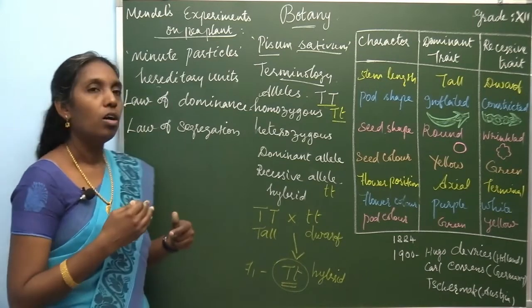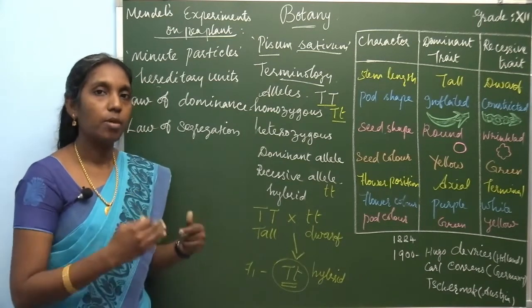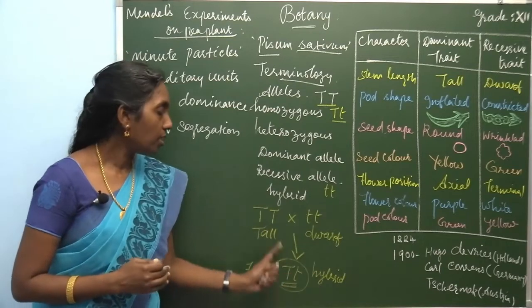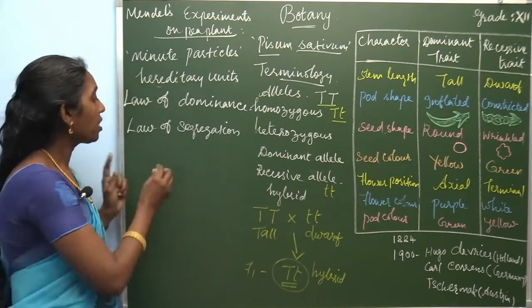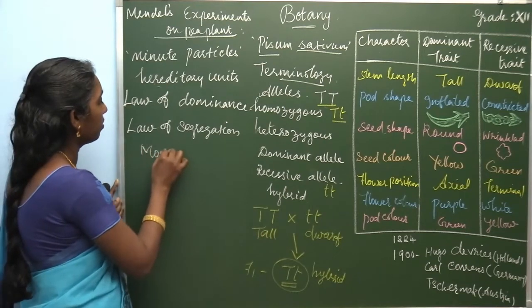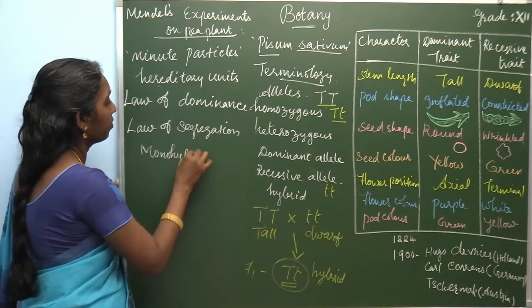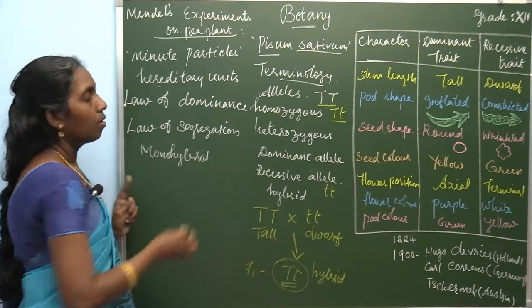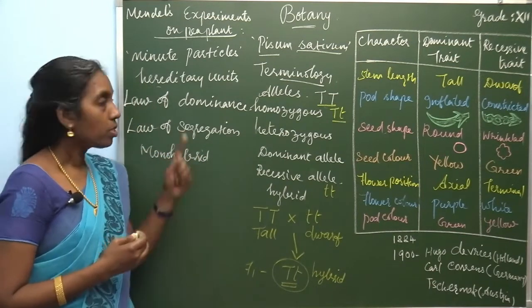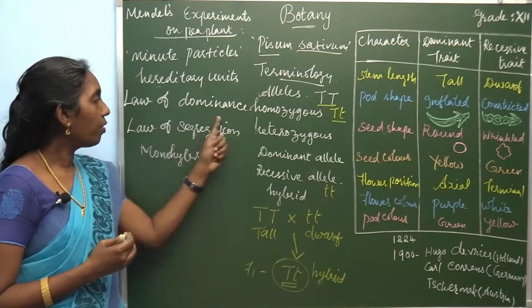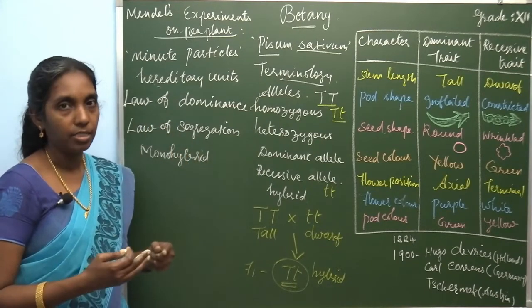What is law of dominance? Again the same example, let us consider. This is a monohybrid cross. Based on the monohybrid cross, he proposed two different laws, law of dominance and law of segregation.